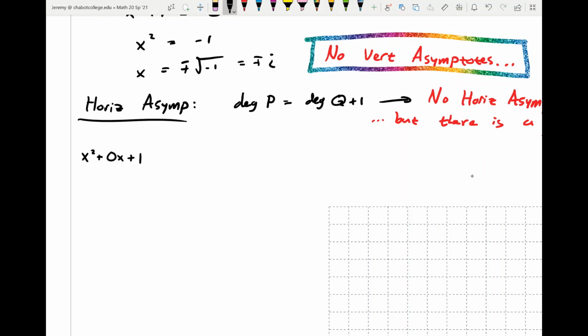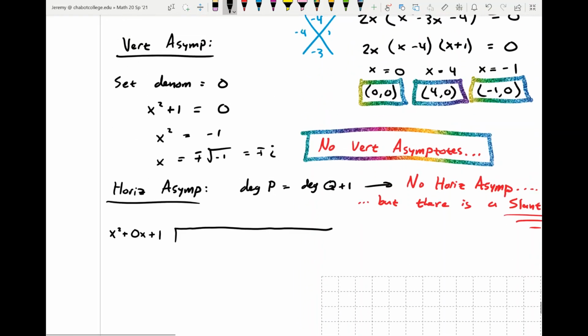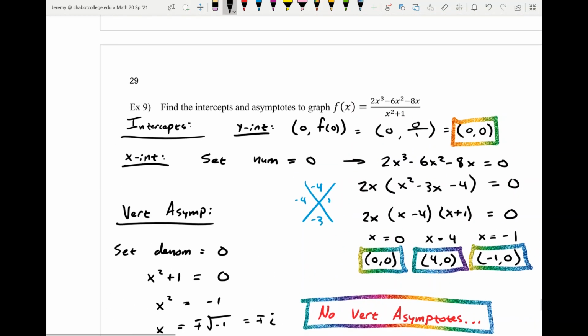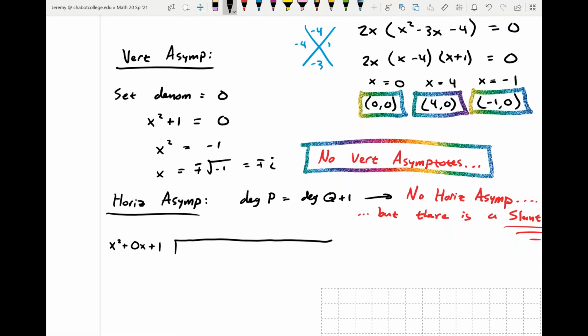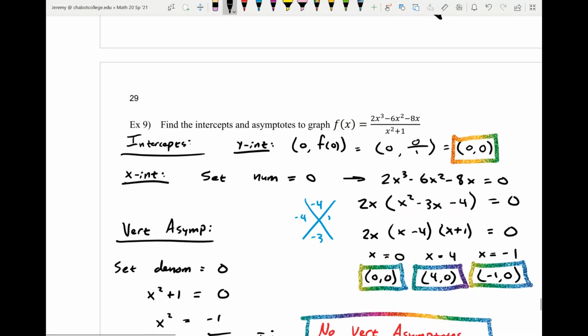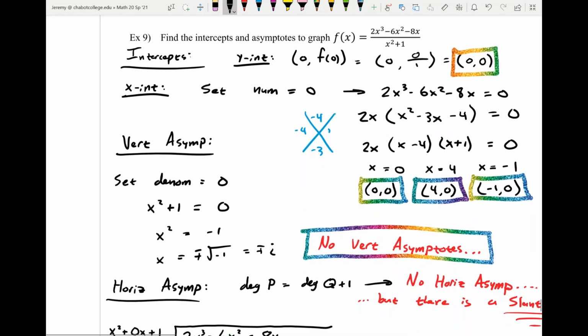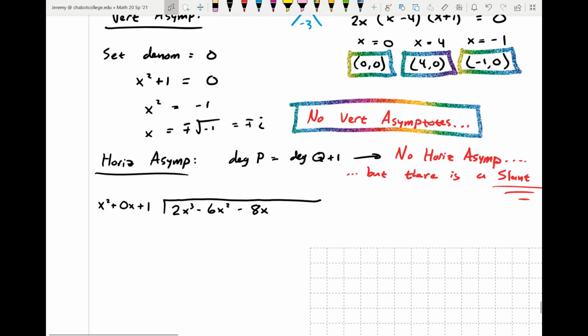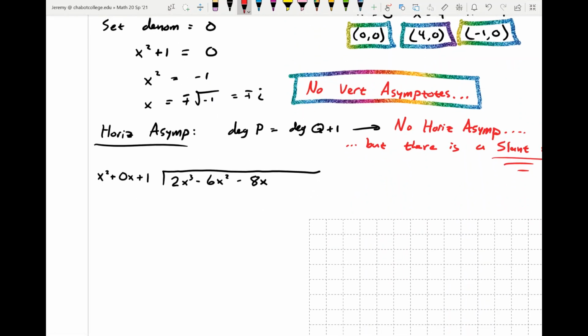Remember, we have to do that. So that's our divisor, and then our dividend is 2x cubed minus 6x squared minus 8x. Just check and make sure I did that right. Yeah. So let's do it. And remember, I can't use synthetic division here because my divisor is not linear.